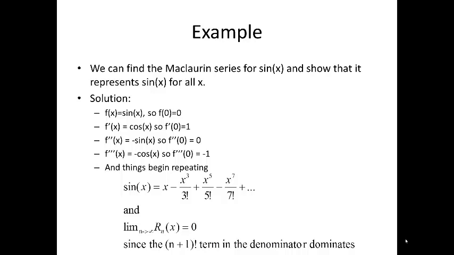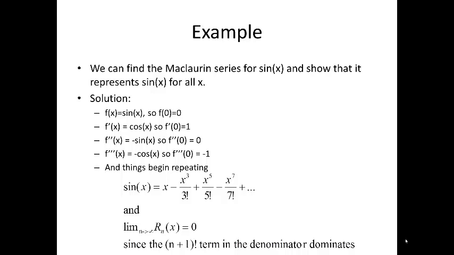So the second derivative, minus sine of x, evaluated at 0 is minus 0, which is 0. And the third derivative is going to be negative cosine of x.